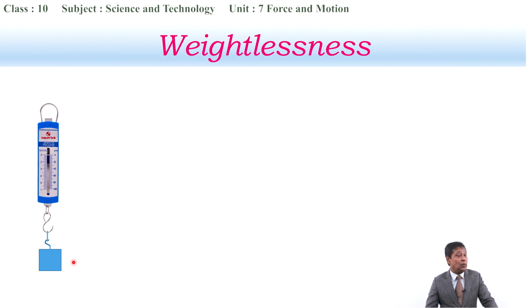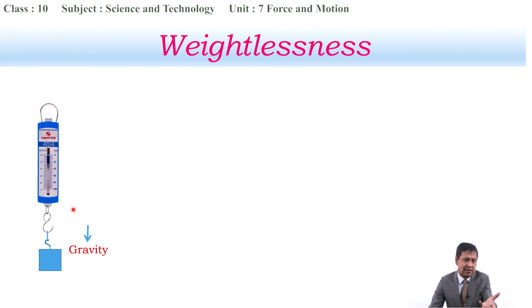Here we are measuring weight. That's why spring balance is used. Now this weight of this body is what? Weight of this body is the force of attraction of the earth acting on this body. With what force earth attracts this body towards its center is the weight of this body. And we can say that gravity force acting on this body is the weight of this body.